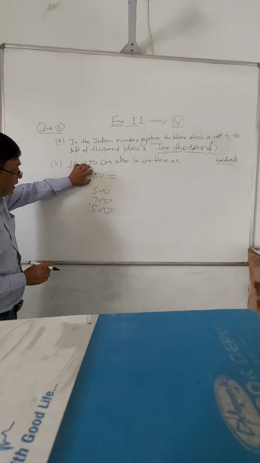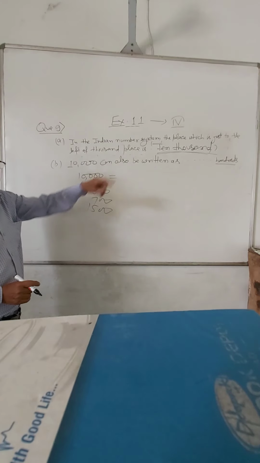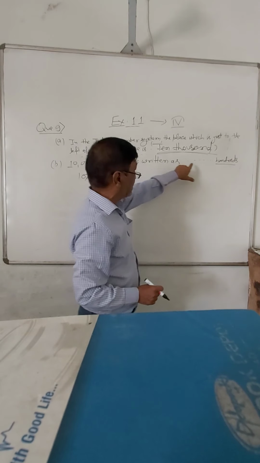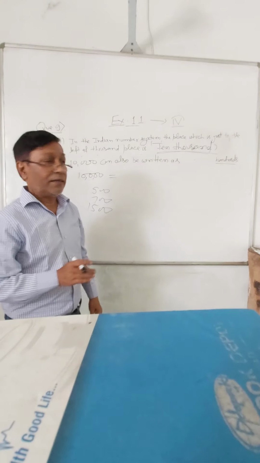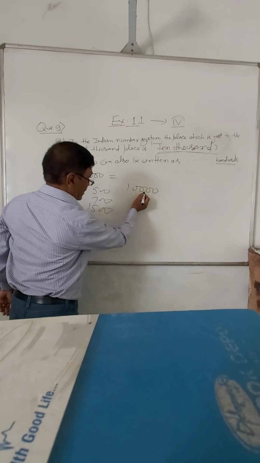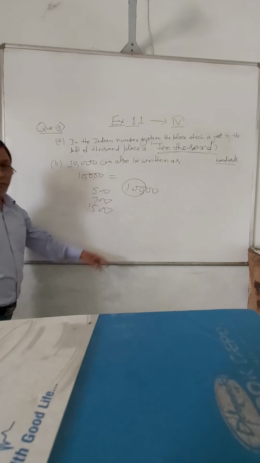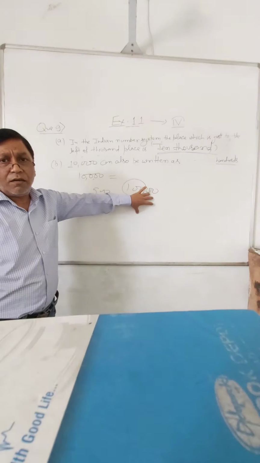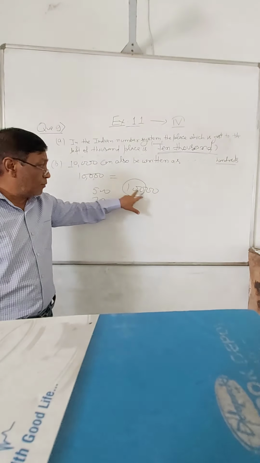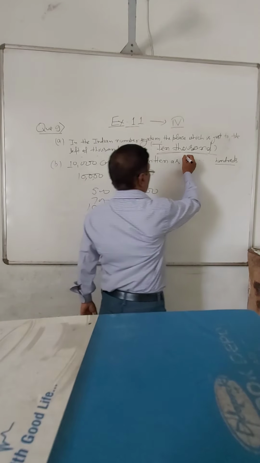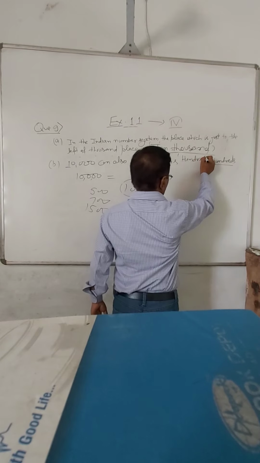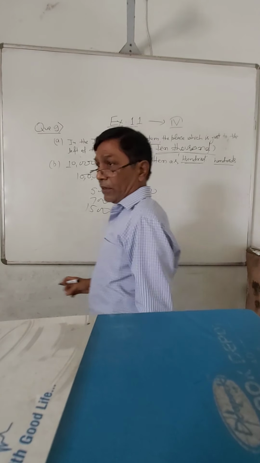So 10,000 can also be written as 100 hundreds, because in 100 there are 2 zeros. So here you can put 100. This will be the answer of B.